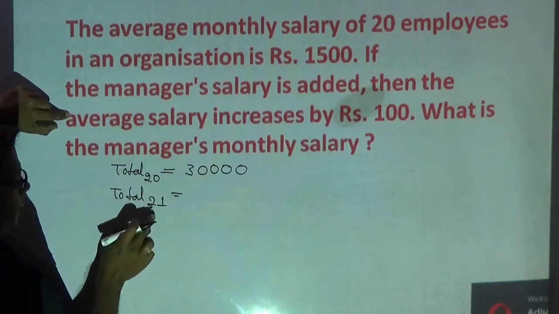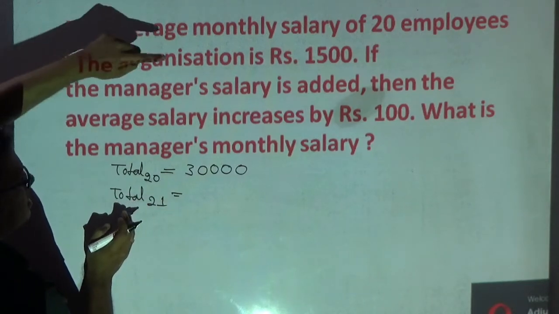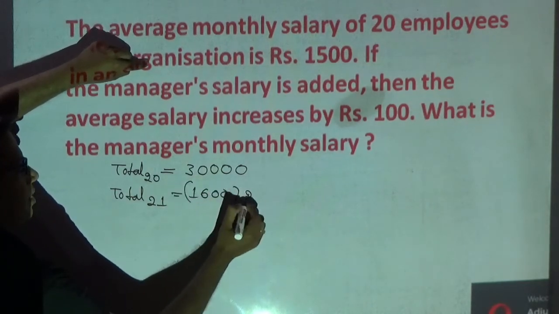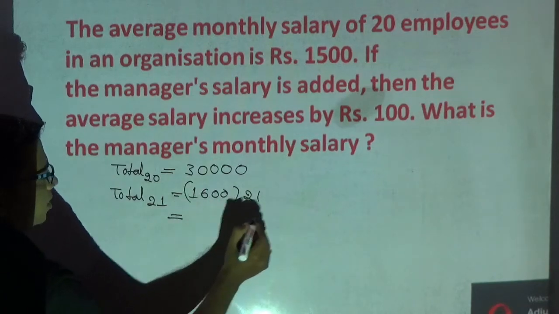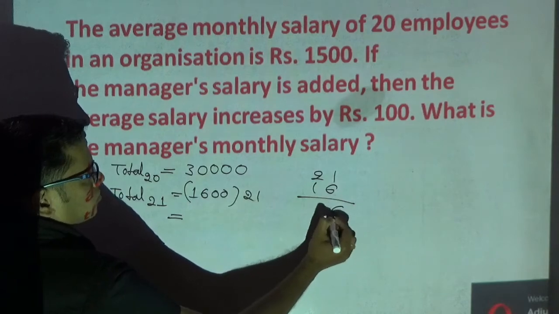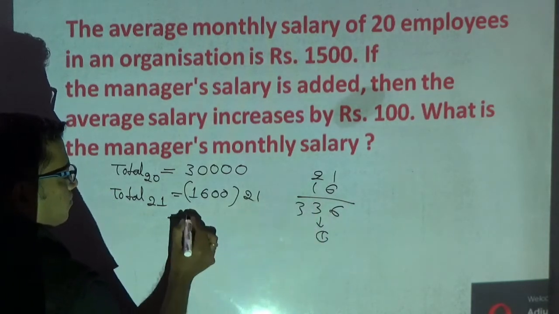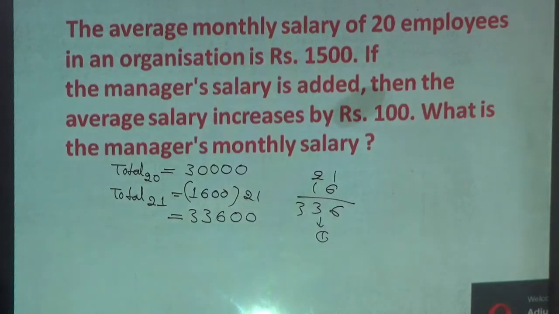How come 21? Because the manager is also included. What is the new average? The old average is 1,500, the new average is 1,600, into 21. Here is the salary of 20 people, here is the salary of 21 people.